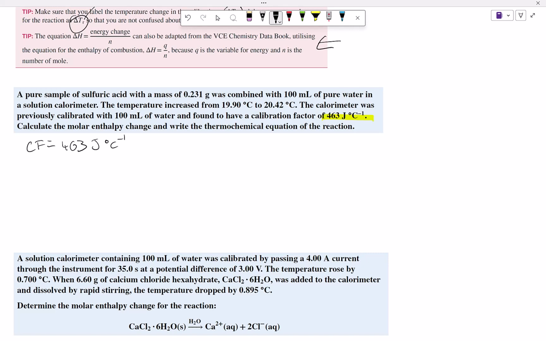I'm just going to write E, and that's going to be CF times delta TR, the reaction change in temperature, and that's what that difference is there. That's going to be, I think, 1.52. Oops, I was sort of close. It should be 0.52.